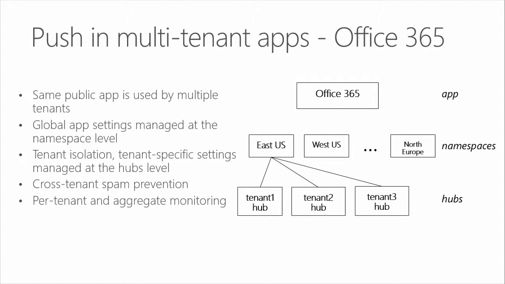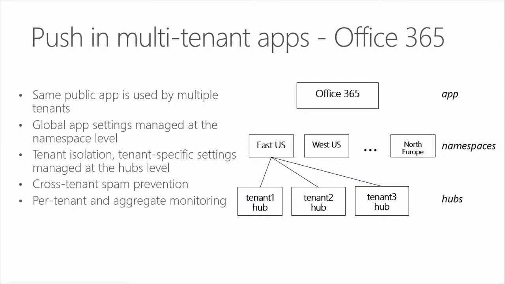Within each namespace, you can provision programmatically a hub per each tenant. Each hub, therefore, can enjoy isolation and offer you ability to configure tenant-specific settings around delivering push notifications. While all the global settings, for example, push credentials like Apple certificate, could be managed at the namespace level so you don't have to replicate it for every hub.